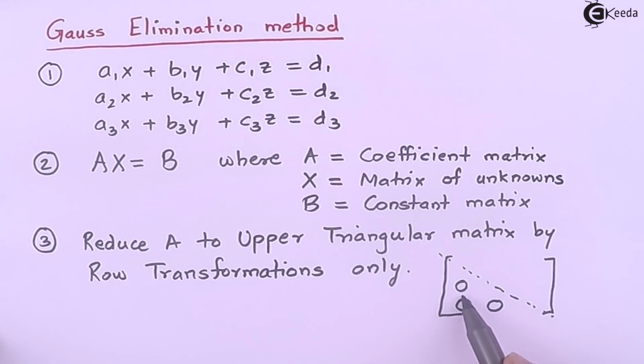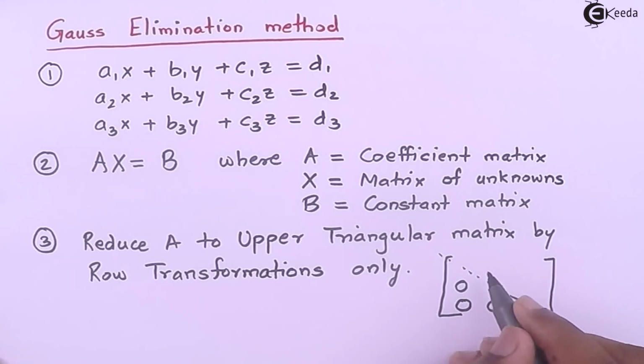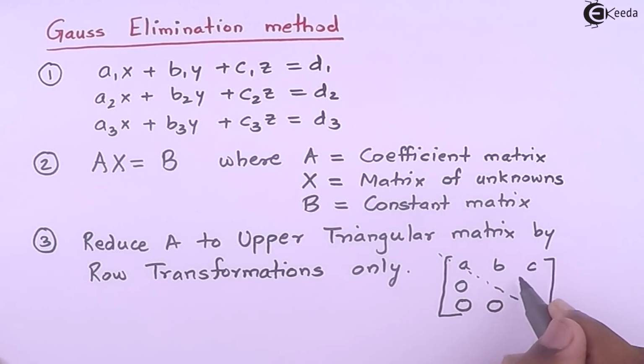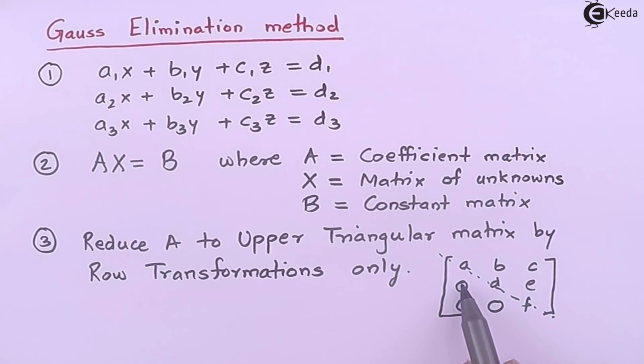If we get these three elements as 0, then we say that the matrix is an upper triangular matrix. These other elements can be non-zero, let's say A, B, C, D, E, F. We just have to make these three elements 0 so that it is converted into an upper triangular matrix.